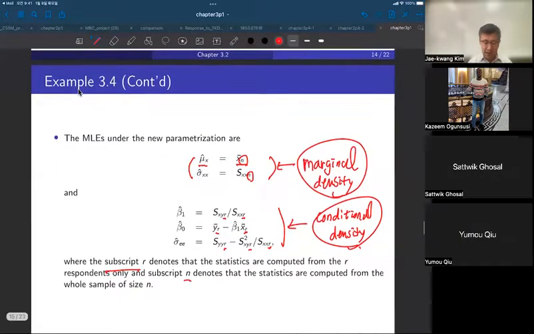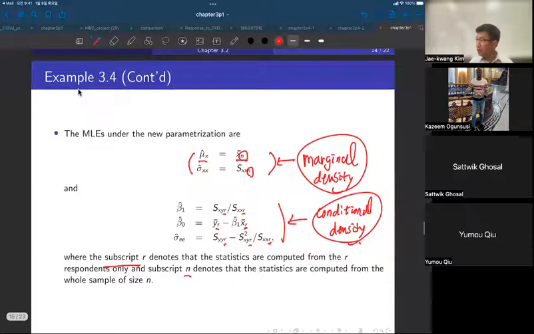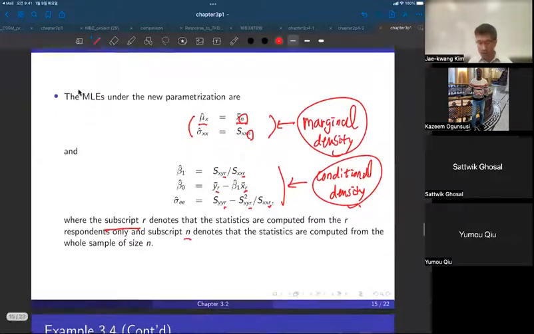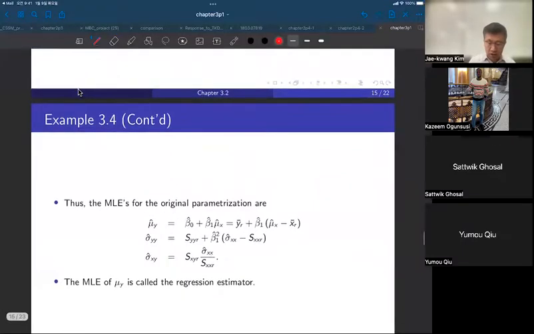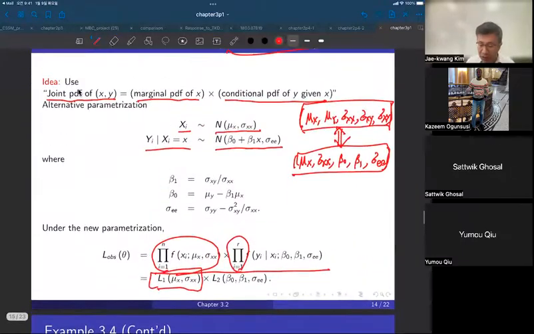So that's not the end of the story. We need to transform back. Even though the two parameterizations are one-to-one, this is the original parameter, and this is the new parameterization.